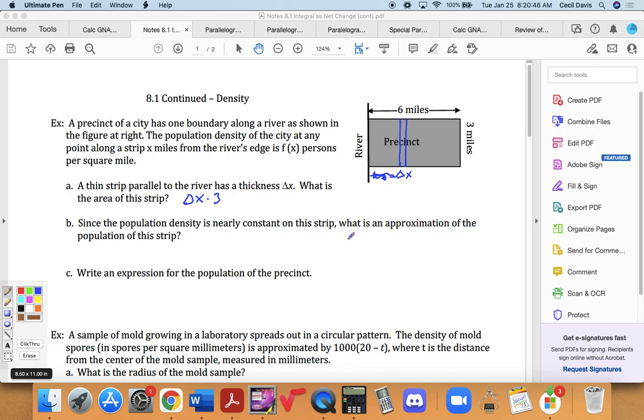What is an approximation of the population of this strip? Well, it would be f of x times, that would give you the density, so that would be how many people per unit area. And this gives us the unit area. So times 3 delta x.